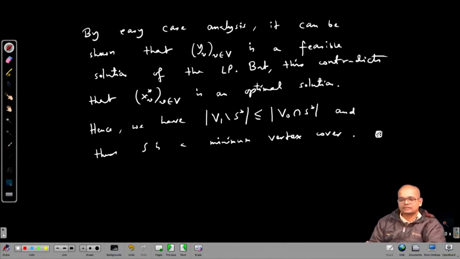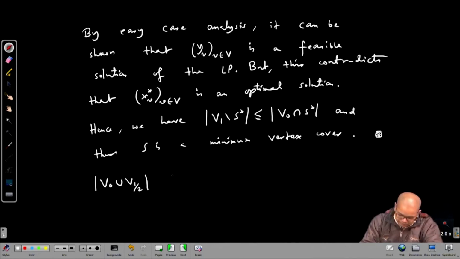Okay. Now, what is the size of the kernel? The cardinality of V0 union V half is less than or equal to the output of the kernelization algorithm, summation over v in V1 union V half of twice x star v.